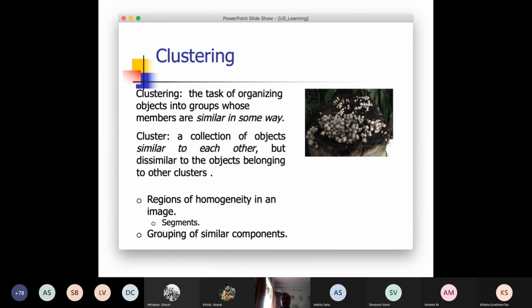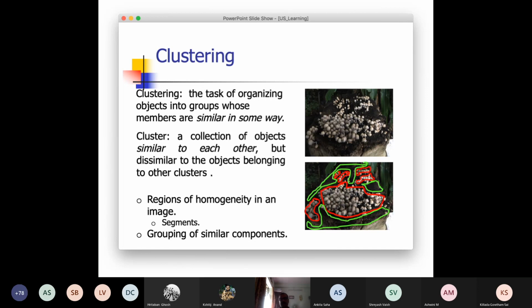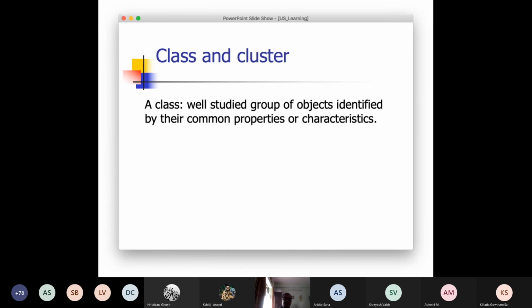You can see two types of objects, the mushroom and the biomass, ignoring the presence of other objects. Primarily, these are the two objects in the scene, and it is not that those regions are connected. There could be several regions, but overall there are two such objects, two such clusters.